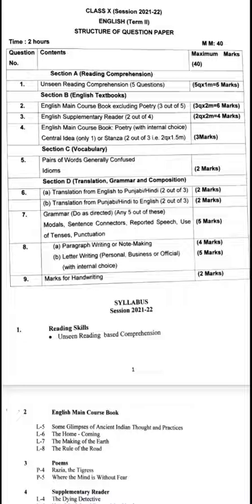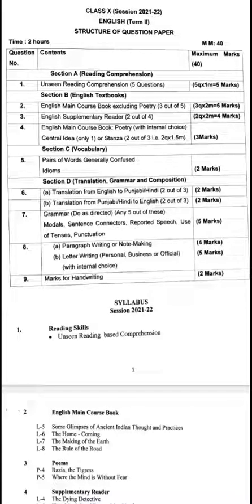Then letter writing, it can be a personal, business or official letter with internal choice. So it is of 5 marks and 2 marks will be given for good handwriting. Right? So the question paper is of 40 marks. Bifurcation is given according to this.